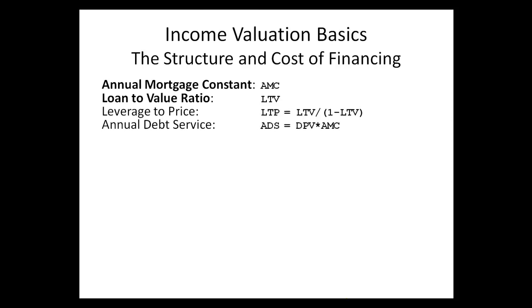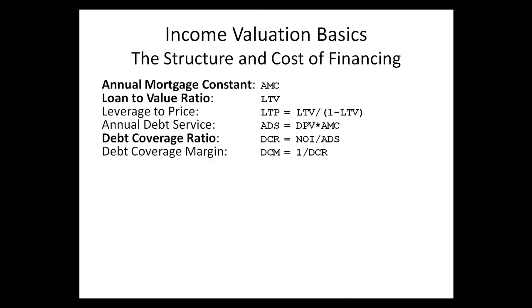Annual debt service is the debt present value times the annual mortgage constant. And when you take the annual debt service and divide it by 12, you get the monthly payment for the mortgage. Debt coverage ratio. This is probably the most important number on this slide. It is the net operating income divided by the annual debt service.